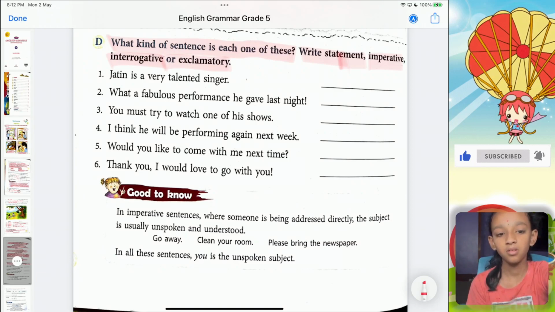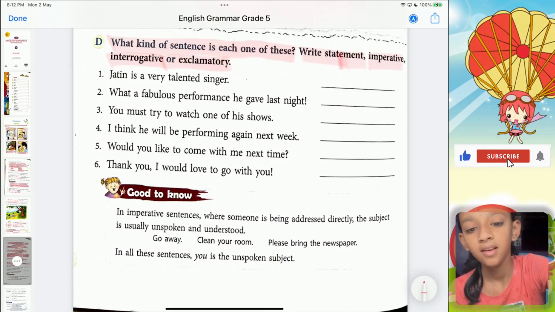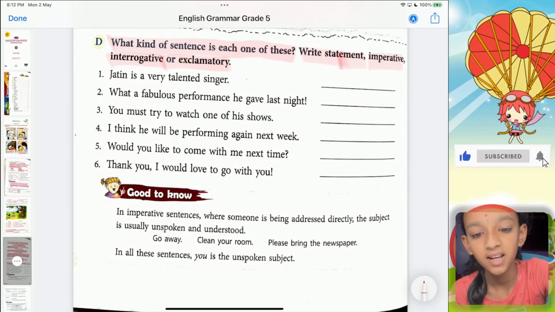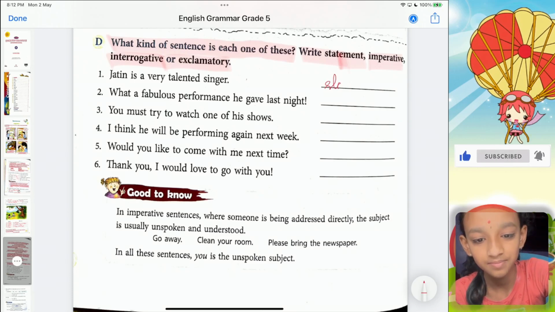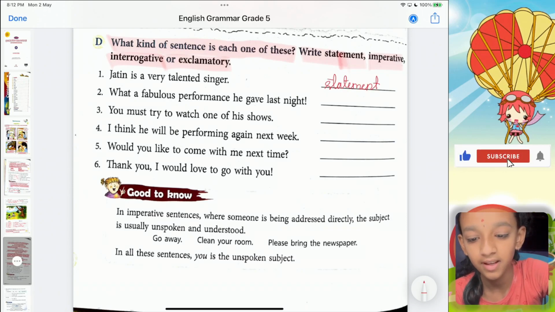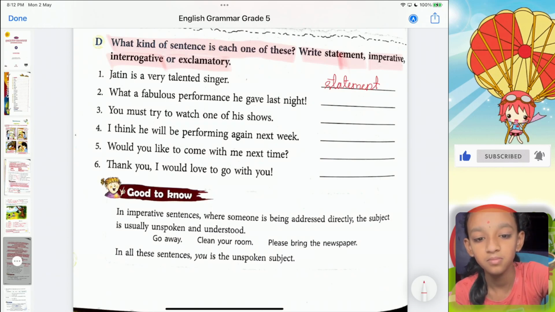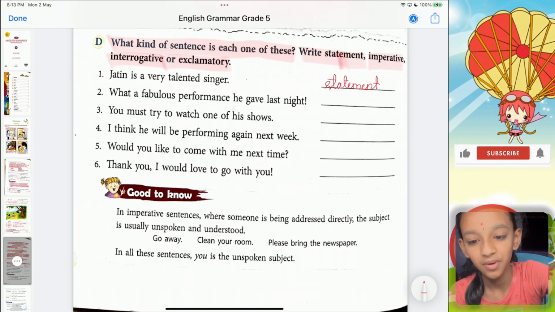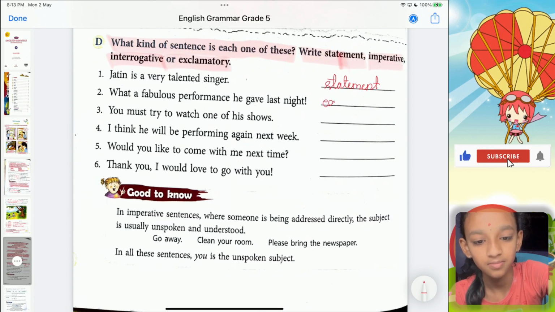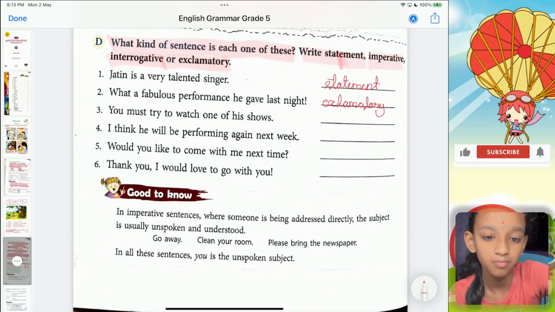Jatin is a very talented singer. So that is actually a statement, correct? What a fabulous performance he gave last night. That's an exclamatory sentence. You just write exclamatory.